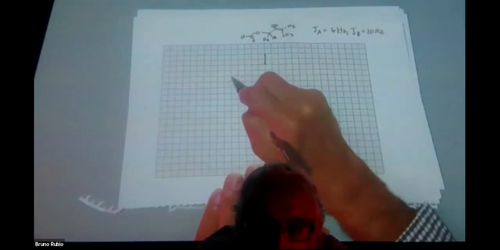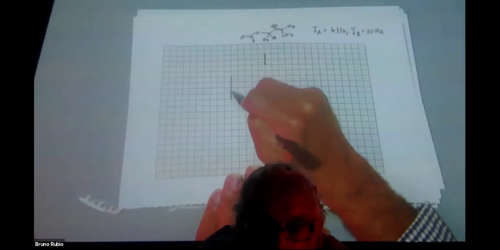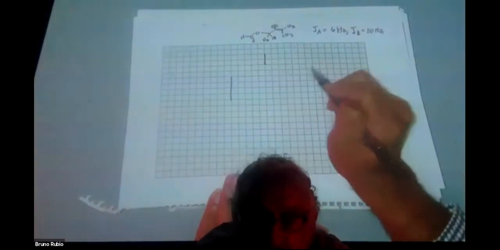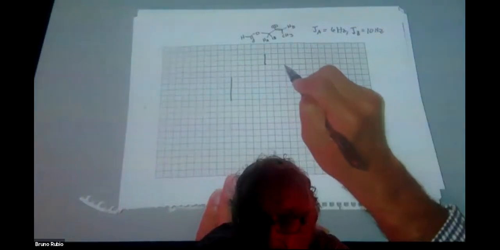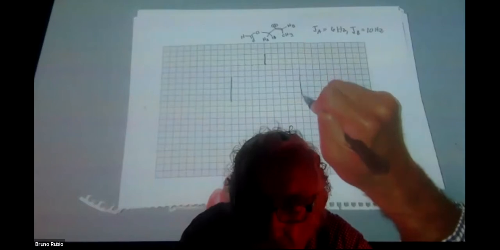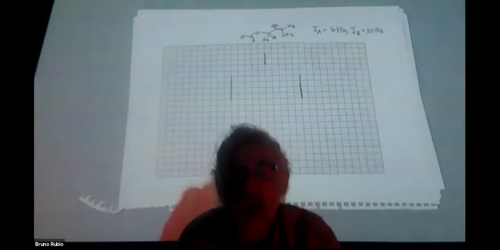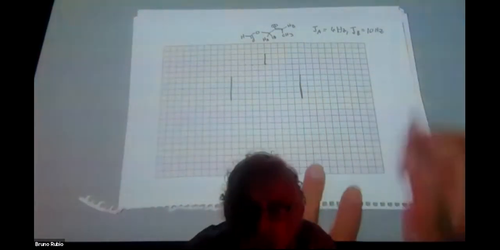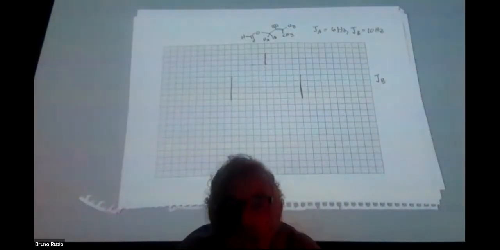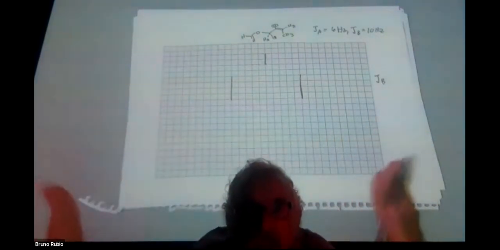1, 2, 3, 4, 5. Boom. And now I'm going to go 5 to the right. 1, 2, 3, 4, 5. Okay, so there's my J. This is my JB of 10 hertz. And now each of these is going to be split into a triplet.